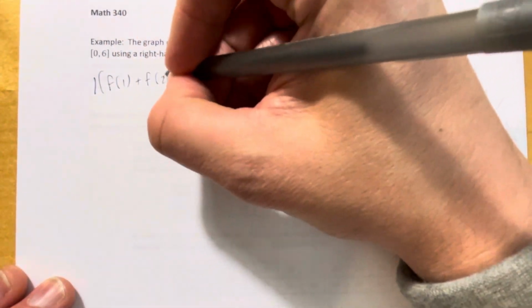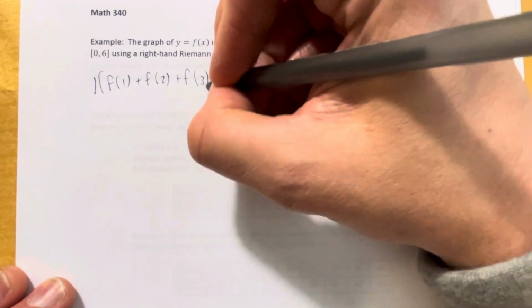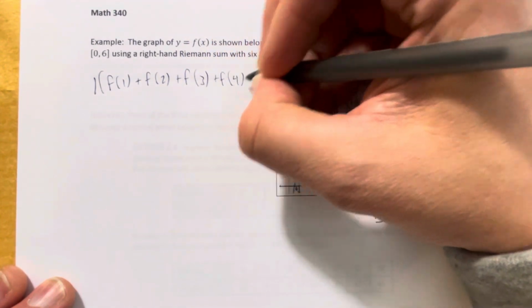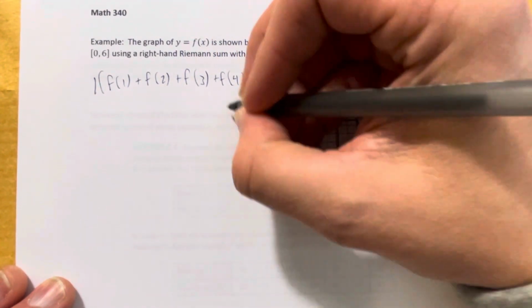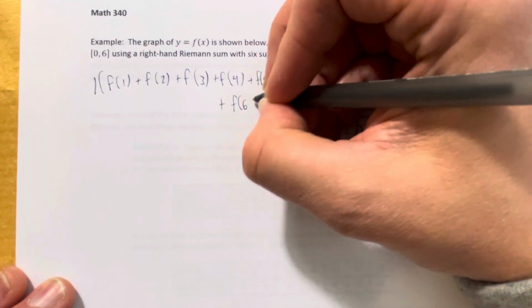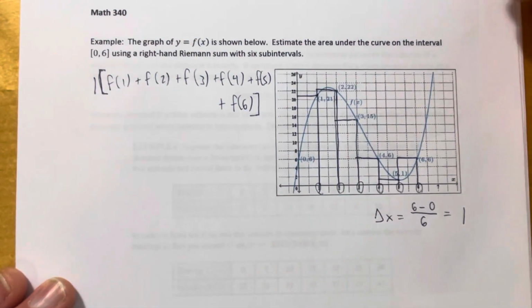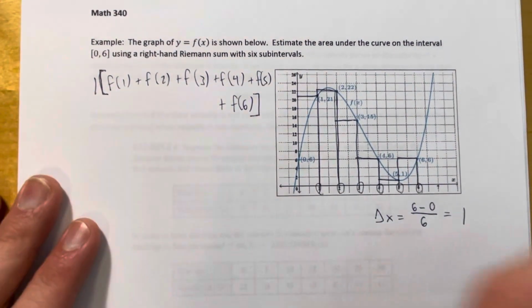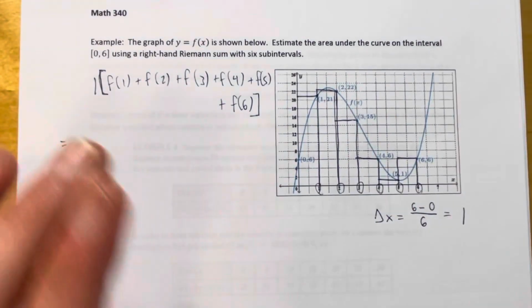And then we're going to add up f of 1 plus f of 2 plus f of 3 plus f of 4 plus f of 5 plus f of 6. Use square brackets there. Okay. Now the 1, I'm going to get rid of in the next step because I know that multiplying by 1 won't change anything.